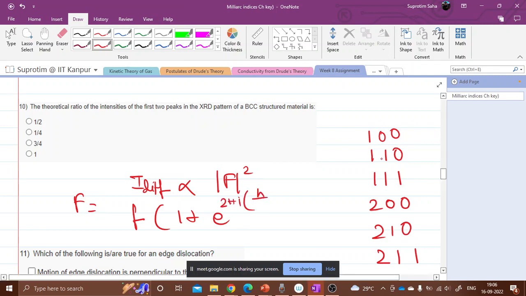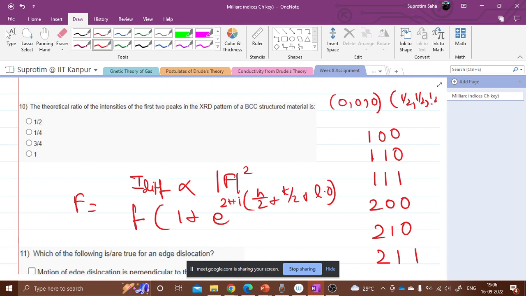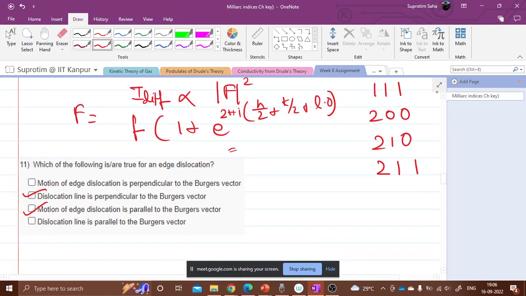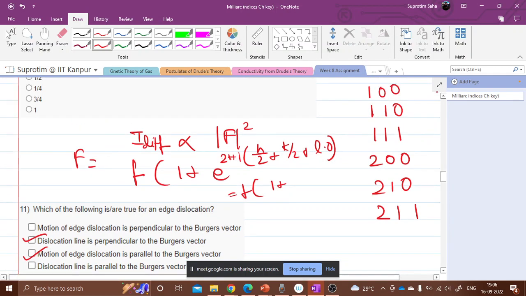So the structure factor would be F times 1 plus e raised to i pi (h plus k plus l), because for BCC it's 0 0 0 and half half half, right? So that is it. F times 1 plus e raised to i pi times 2 gives 2.